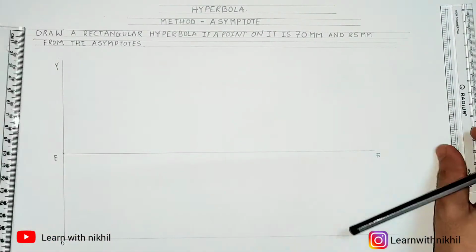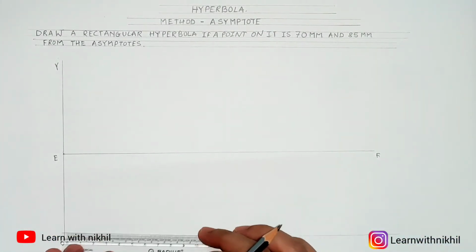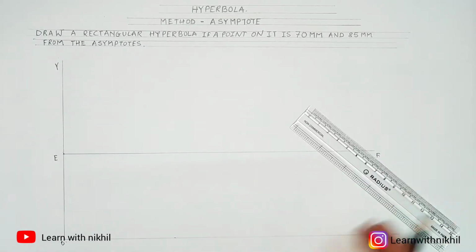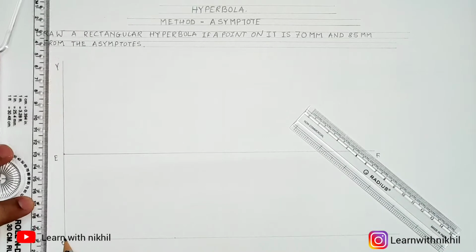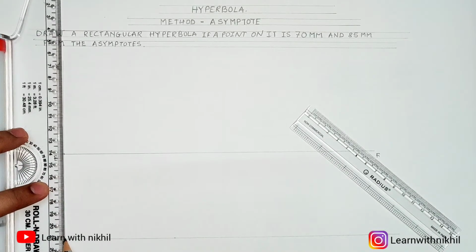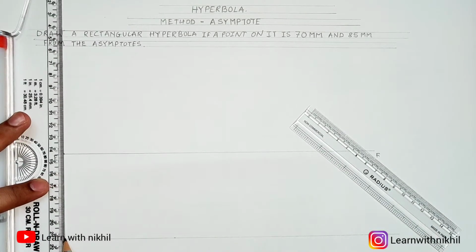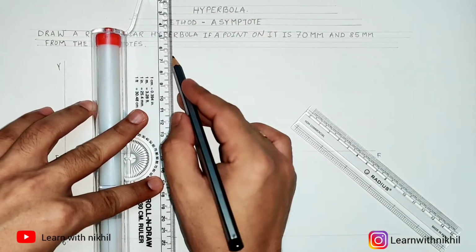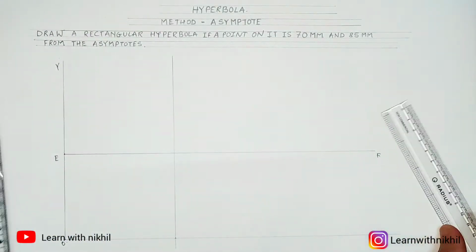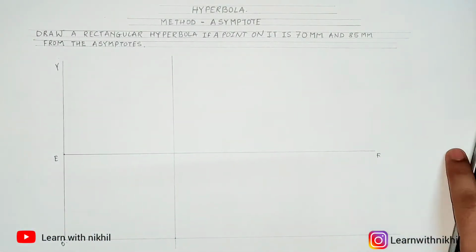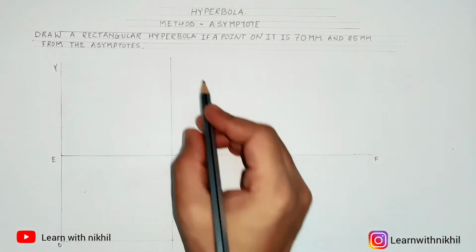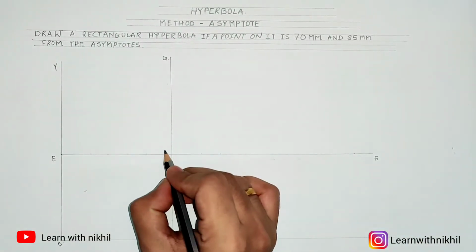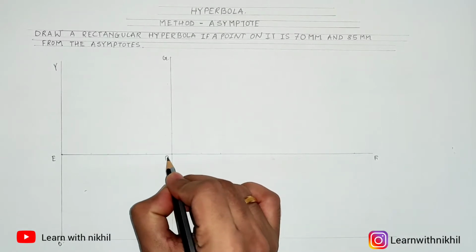Similarly, from the OY line we will mark a point 85 millimeter, and through that point we will draw a straight line parallel to OY. We have drawn two lines from the asymptotes OX and OY, marking this line as G and the center point as P.